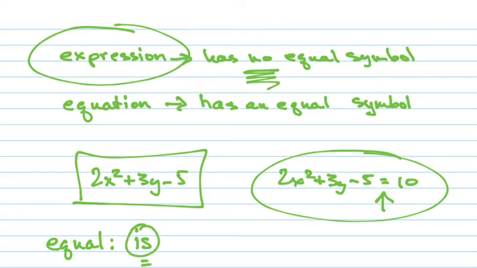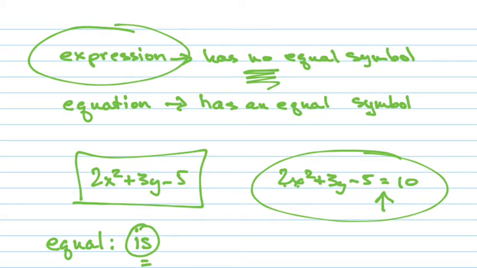So this is read as 2x squared plus 3y minus 5 is 10, or equals 10. They mean the same thing. So if you see the word "is," then you know you're dealing with an expression? No, an equation. All right, so you see the difference.